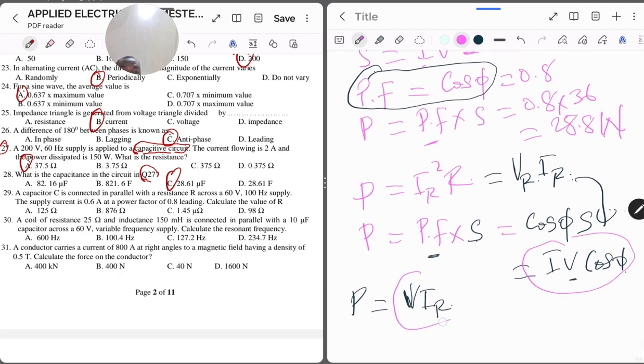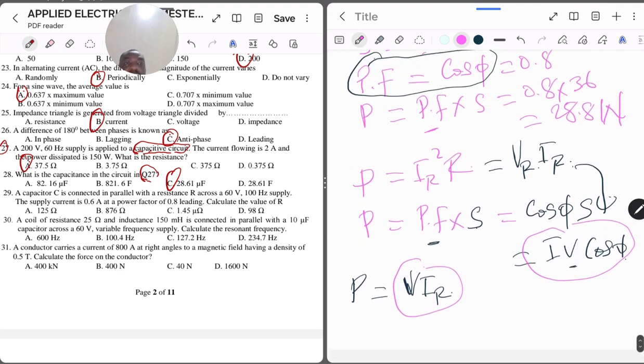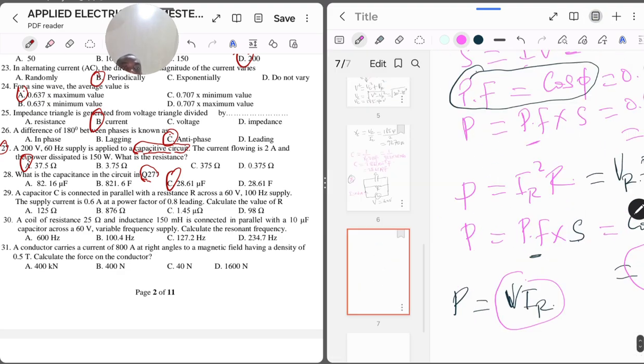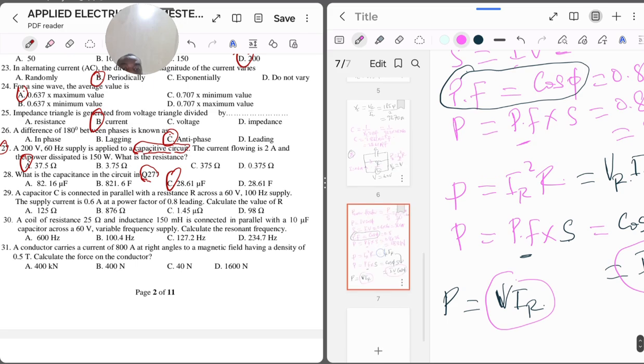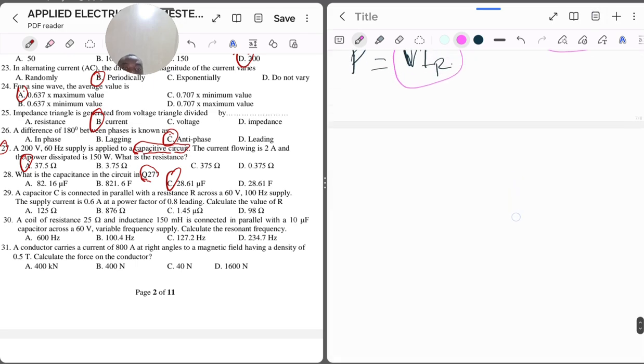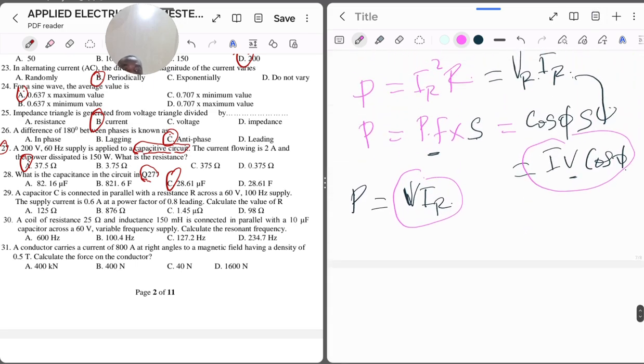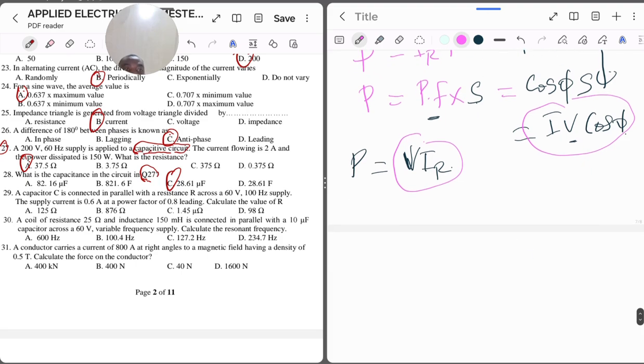So if we now compare these two, I'm just trying to find an easier way of calculating this. Based on this, when you do the correspondence, you can see that VR is V here, and cos phi.